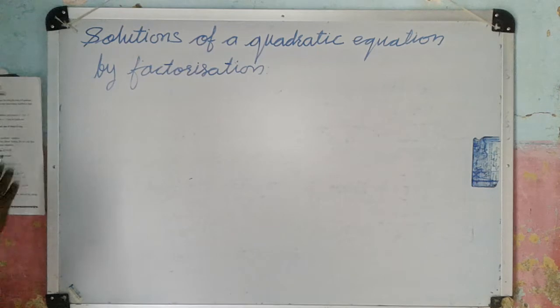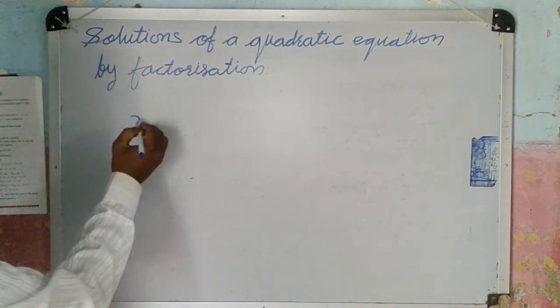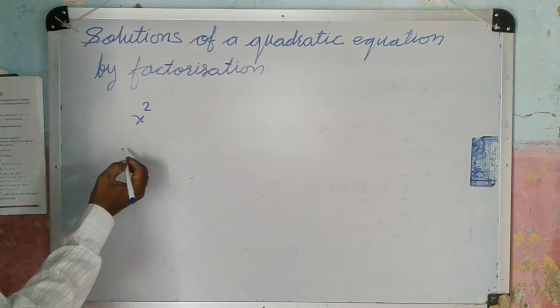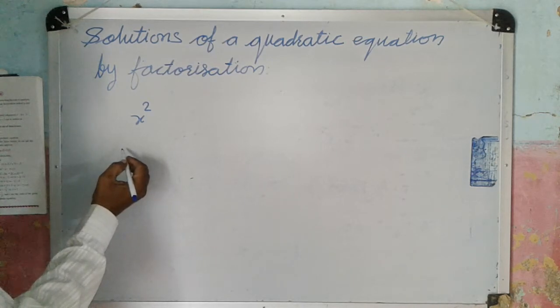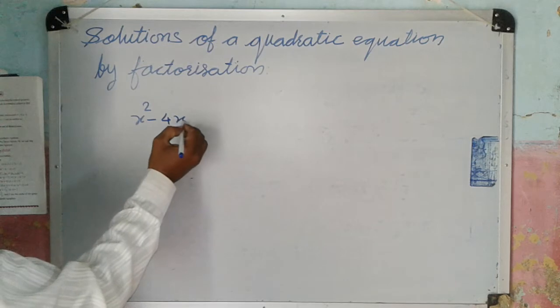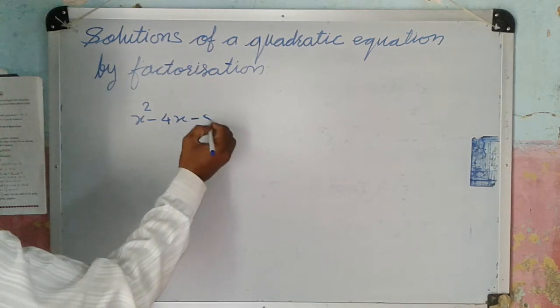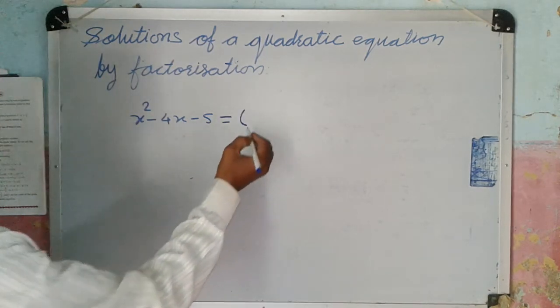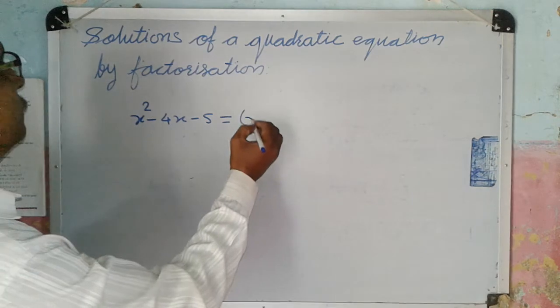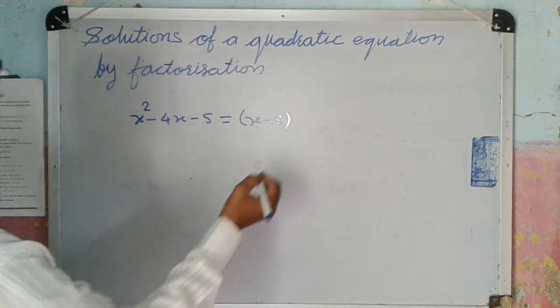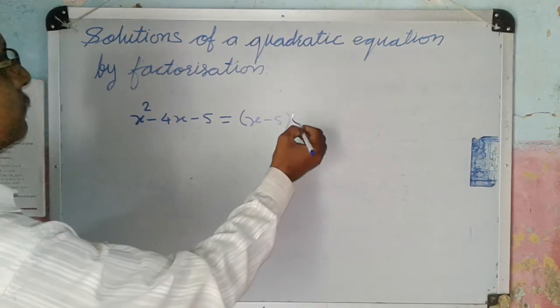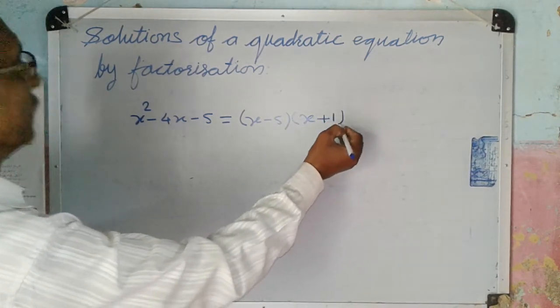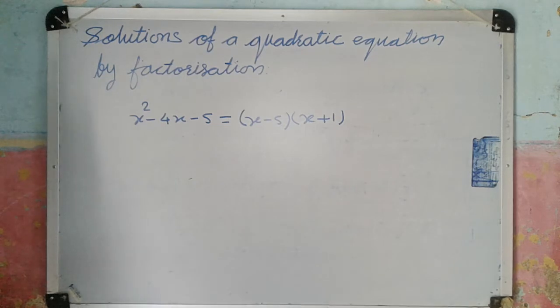Now already we have the factors of this quadratic polynomial x square minus 4x minus 5. So we have the factors x minus 5 and in another bracket x plus 1. So these are the factors of this quadratic polynomial.